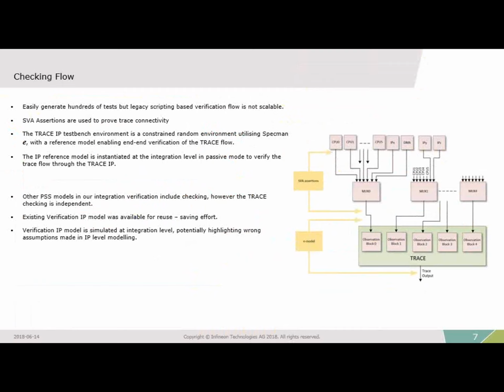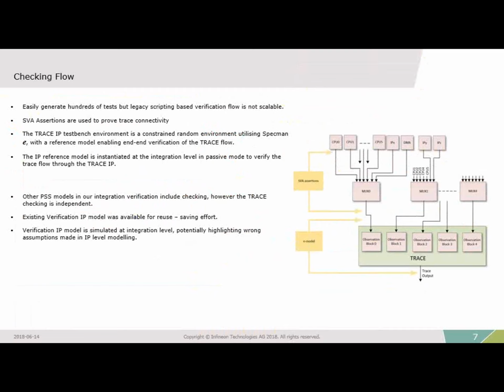So what we did for the checking part: there's lots of randomization provided by Perspec, but the checking has to be a bit more stringent to ensure that we find all the common traces at the integration level. So we reused the E model that was used in the IP level verification, just around the MCDS.